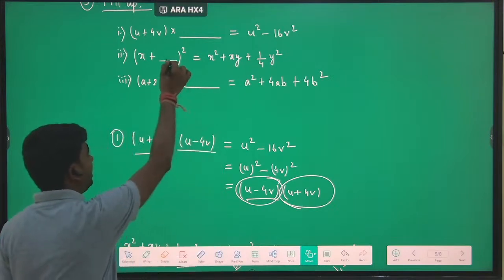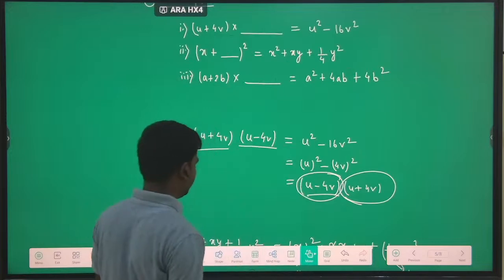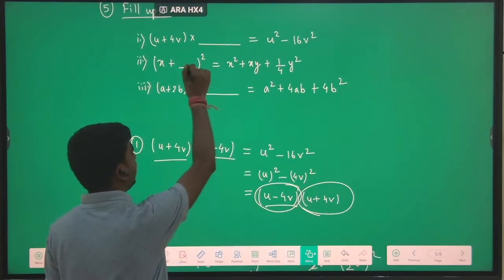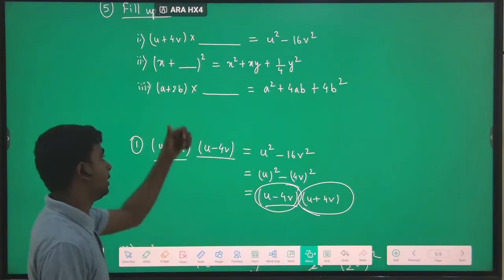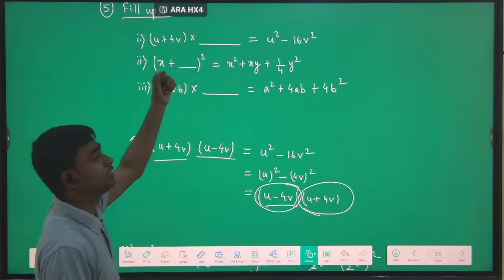So we will add half y here to get this value. By this way, we can fill this blank.